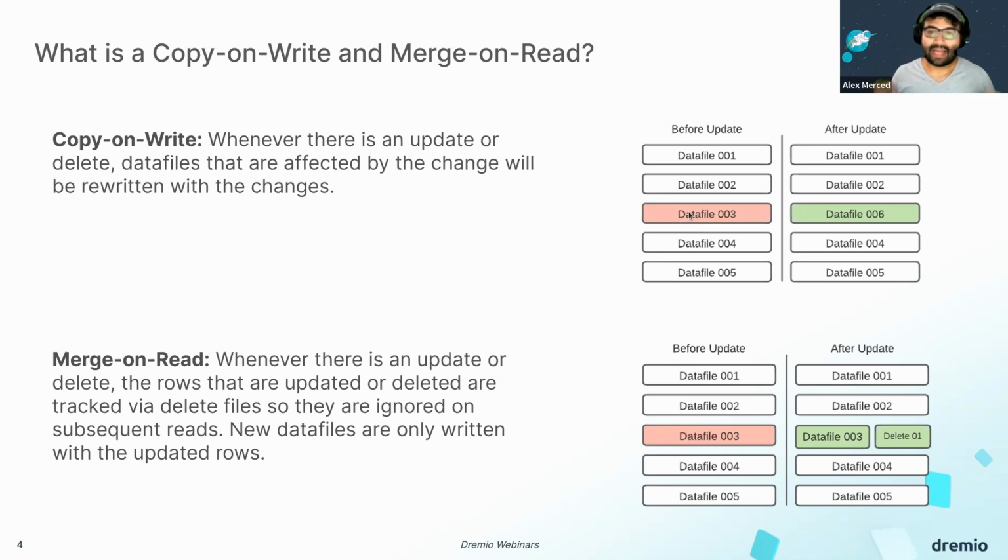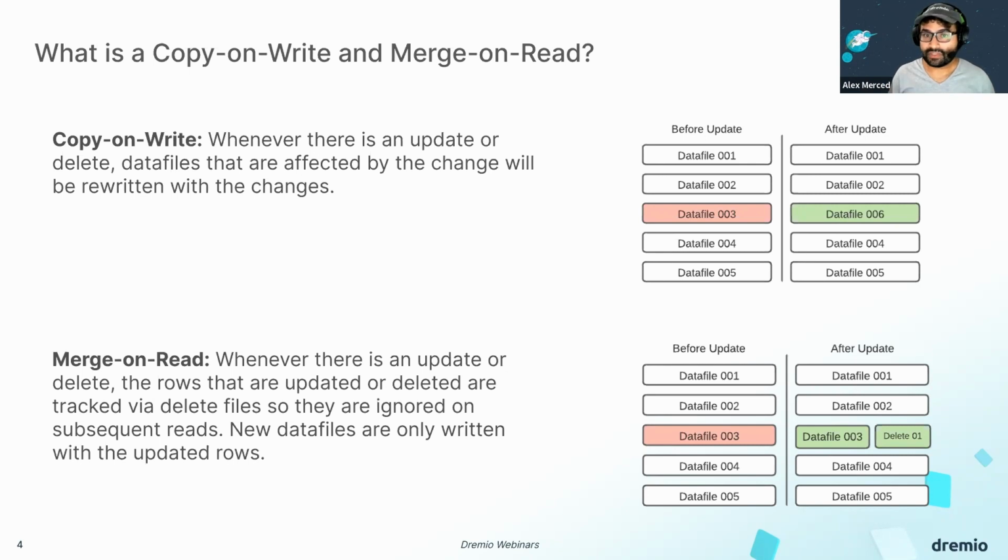What's going to happen is that it's going to rewrite the entire file. There might be 1,000 records in that file, but I'm only updating, let's say, 3 records. It's going to rewrite the entire file minus the 3 records I deleted, and create data file 06, or with the updates if there are updates. So each time you update a file, you're rewriting the file.